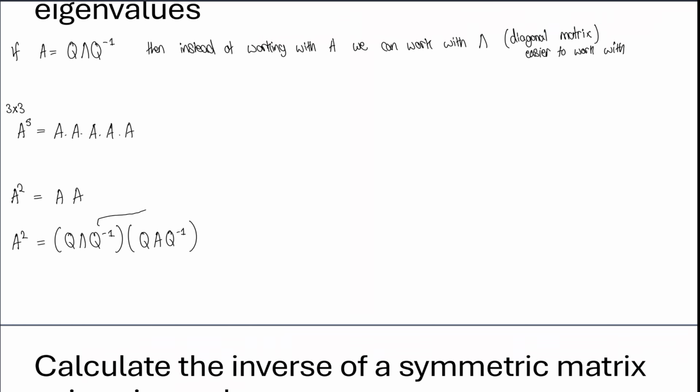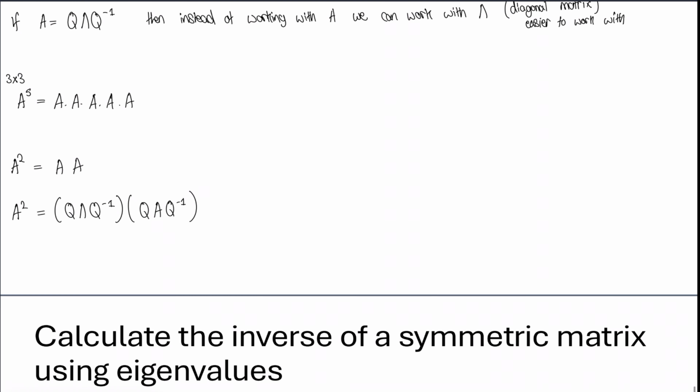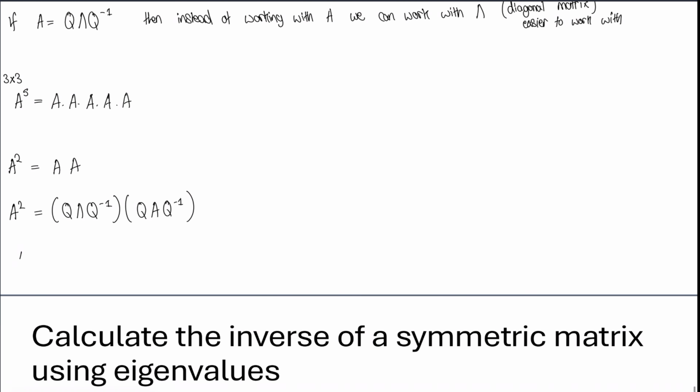And then Q inverse multiplied by Q is just the identity matrix. So we are left behind with A squared being equal to Q Λ squared Q to the minus 1, because both of these is just the identity matrix.